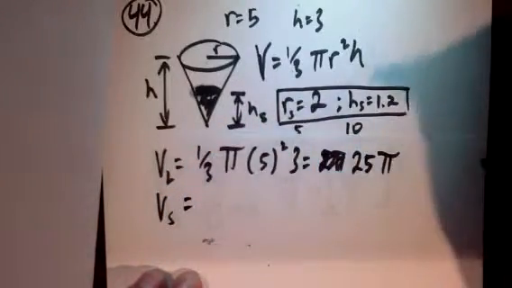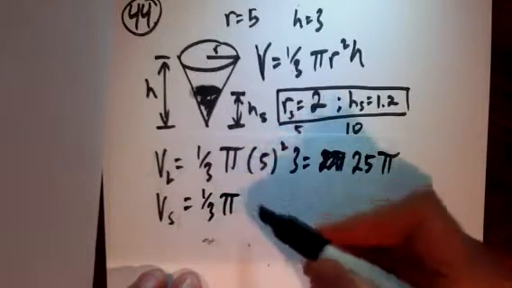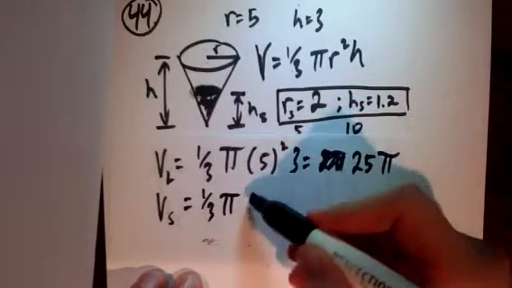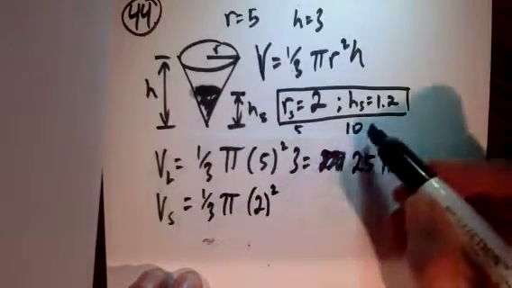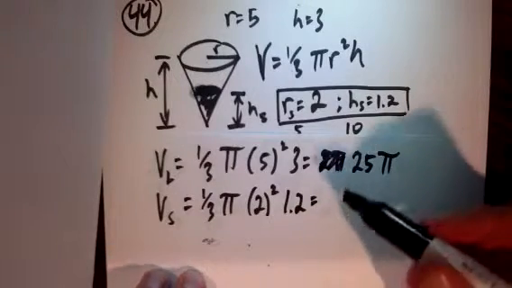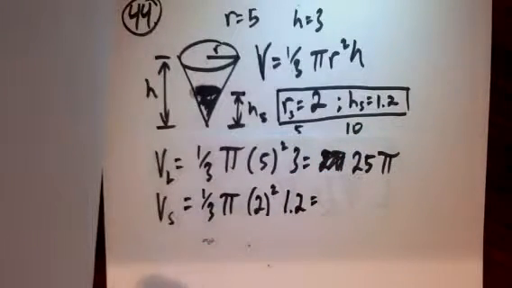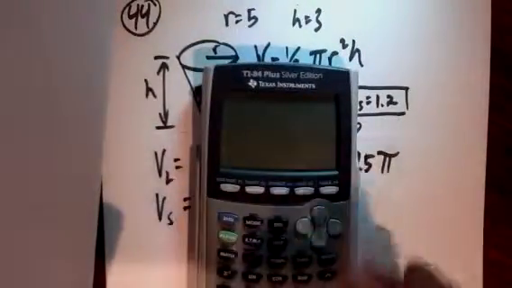The volume of the small right circular cone is going to be 1/3 of pi times the radius, which is 2, squared, times the smaller height, which is 1.2. Just use a calculator to do this a little bit quicker.